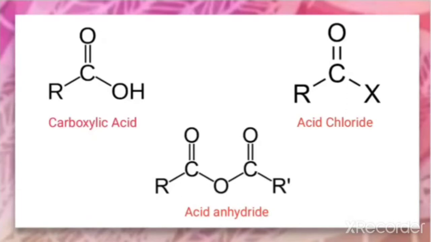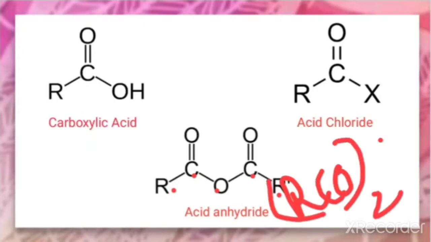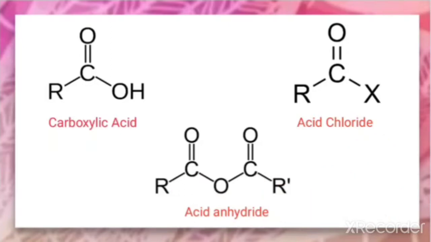Next, acid anhydride. Acid anhydride is RC double bond O, then C double bond O R. Here, it is repeated. Instead of this, we can write it like this: (RCO) whole twice O. We can write acetic anhydride in this way also. So these are the structures of carboxylic acid, acid chlorides, acid anhydride.